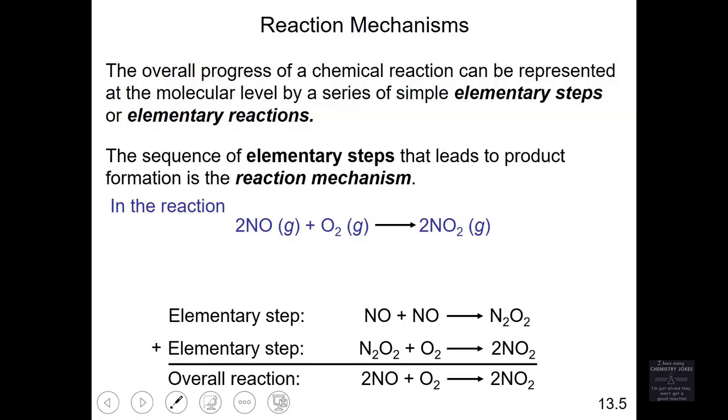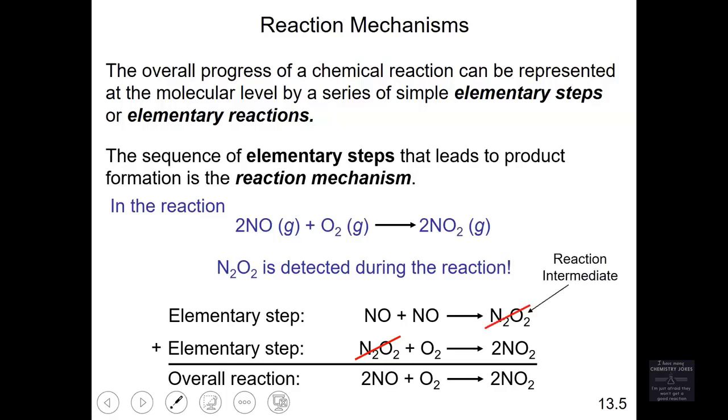But wait, where did N2O2 come from? N2O2 is absolutely detected when you turn NO and O2 loose together to do a reaction. You observe N2O2 in the process of that reaction. Something that is a product early and is consumed later is called a reaction intermediate.